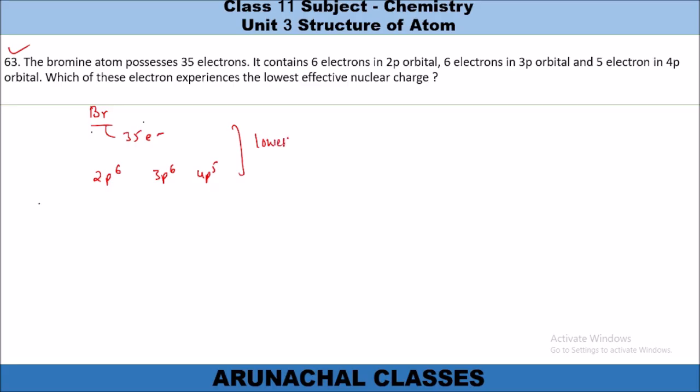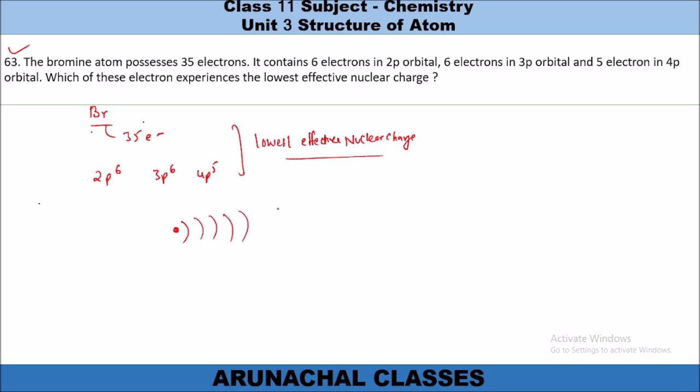The lowest effective nuclear charge is experienced by which of these electrons? Here you will see that it is the electron farthest from the nucleus. So this is the nucleus, first shell, second shell, third shell, fourth shell, fifth shell.